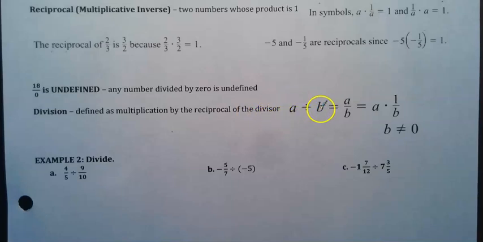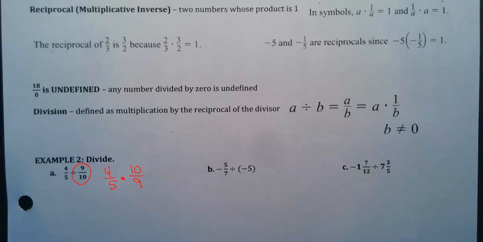So a divided by b is the same thing as a over b, but then we said we could multiply instead. We can multiply by the reciprocal of the divisor. So we keep 4/5, and we multiply by the reciprocal of this divisor, 10 over 9.